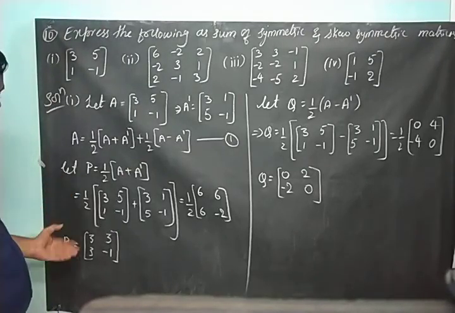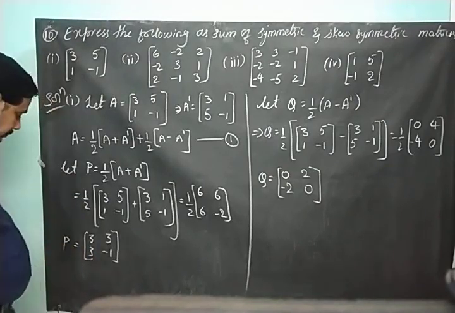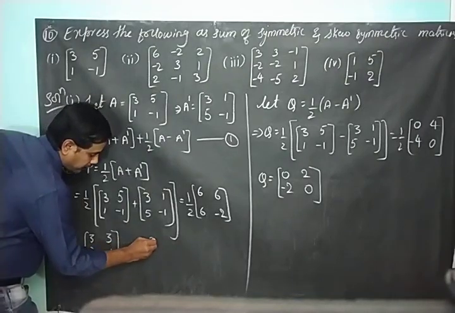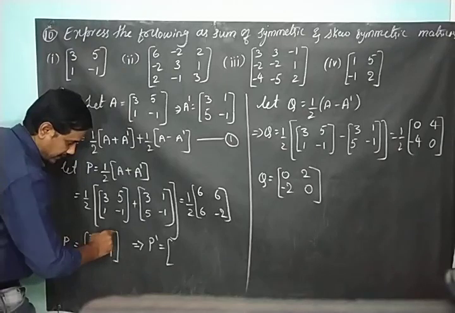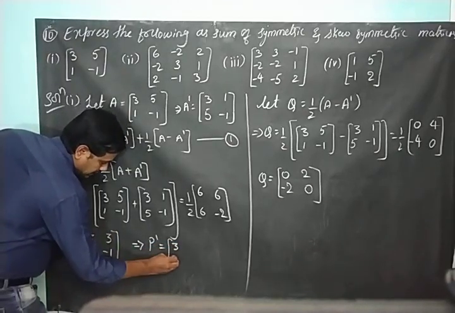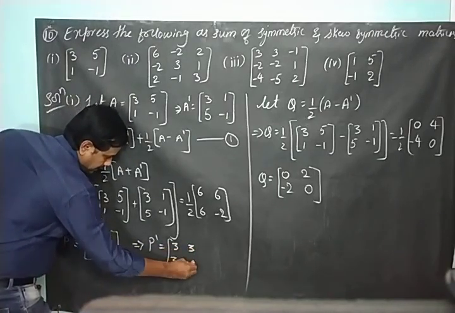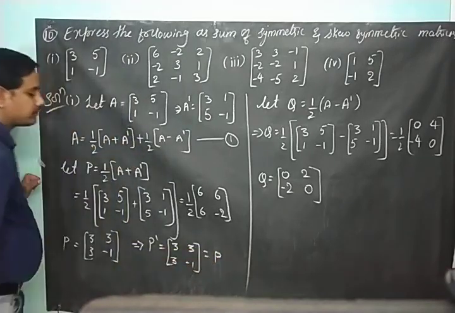Right? So coming to P. What is P dash? If I want to calculate P dash, what will be the value? Expressing rows as columns, 3, 3 and 3, minus 1. This is equal to P. Right?